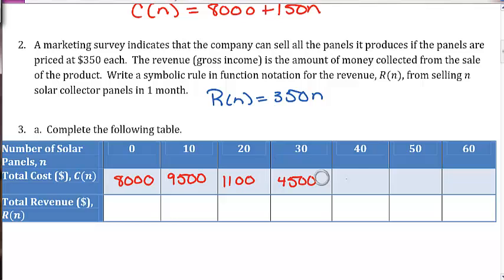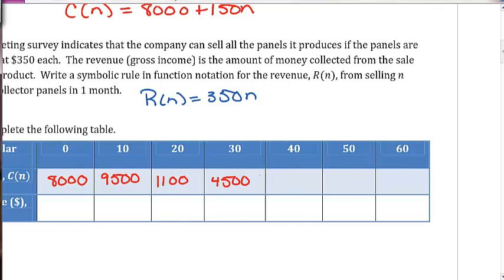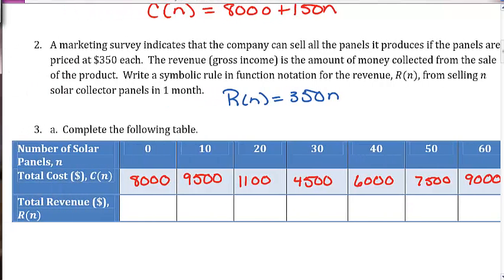And so notice each time I go up by 10, my costs go up by $1,500. And so we can just keep adding 1,500. So this will be 6,000 and then 7,500, and then this for 60 will be 9,000.